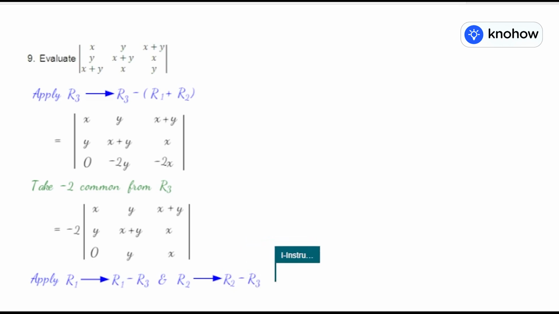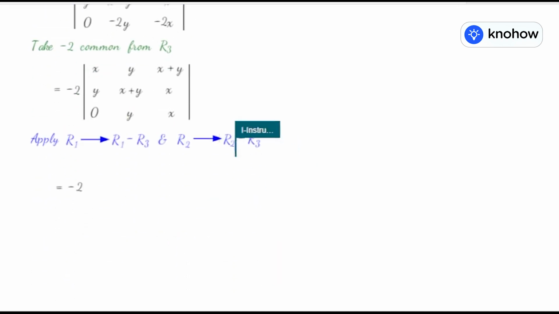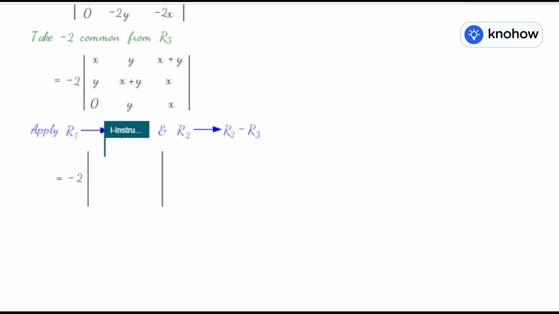So you get here minus 2 is already out, and you know R1 minus R3, so you will get x, 0, y, and R2 minus R3 will make it y, x, 0, and of course the elements of the third row, that is 0, y, and x, you keep as such.